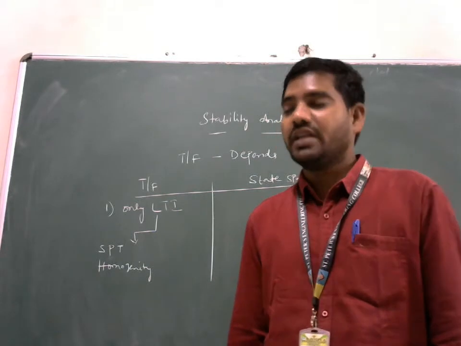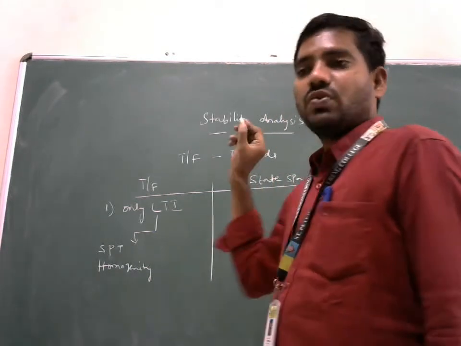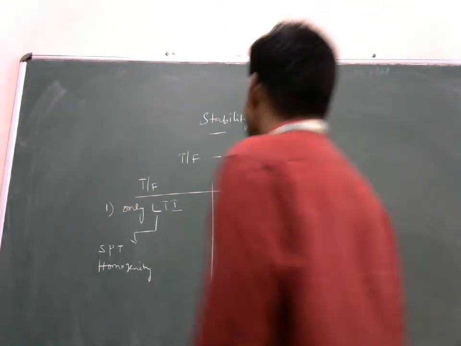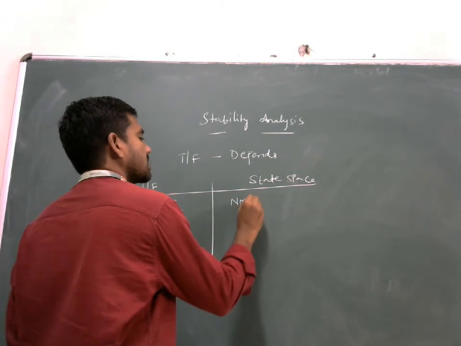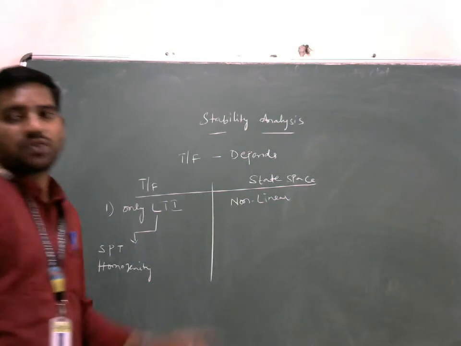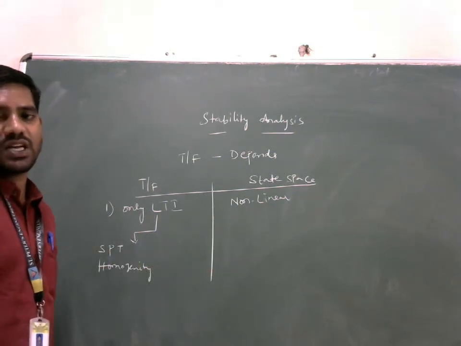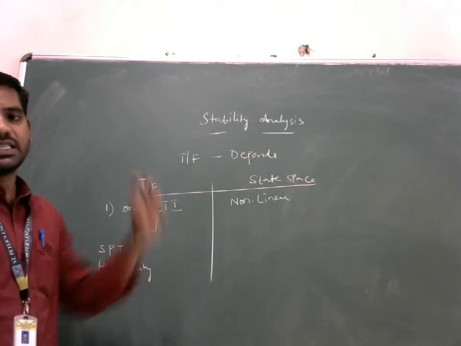That means non-linear systems will be there. If you want to find the stability of a non-linear system, definitely you need to go with state space analysis. You have to know the difference between a transfer function and a state space analysis.